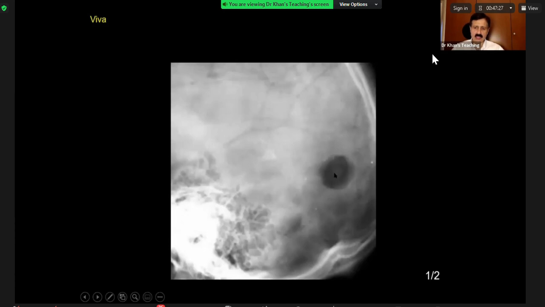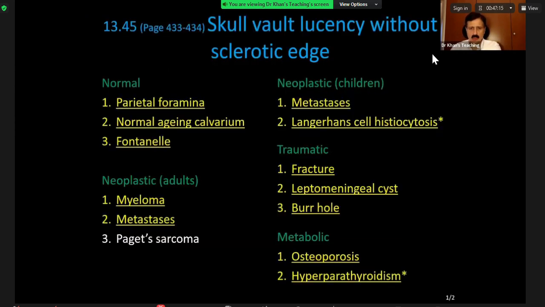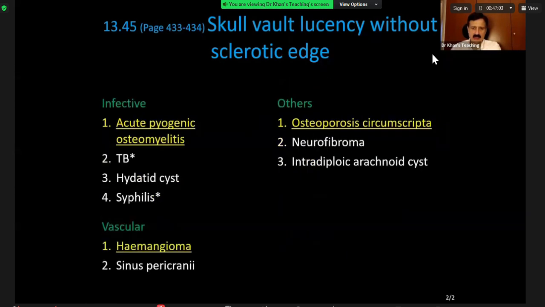Button sequestrum is also not exactly pathognomonic, but one of the findings which we can see with LCH. But chronic osteomyelitis can also show us the same thing. This is the differential diagnosis of skull lucency without a sclerotic edge, and Langerhans cell histiocytosis is given there.